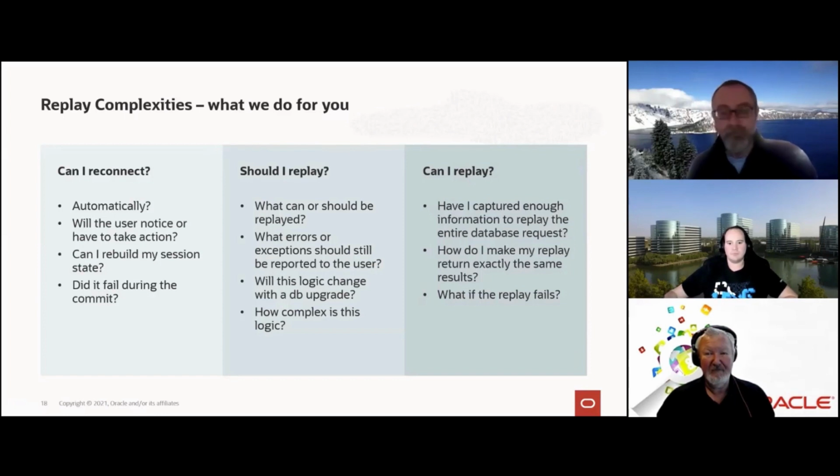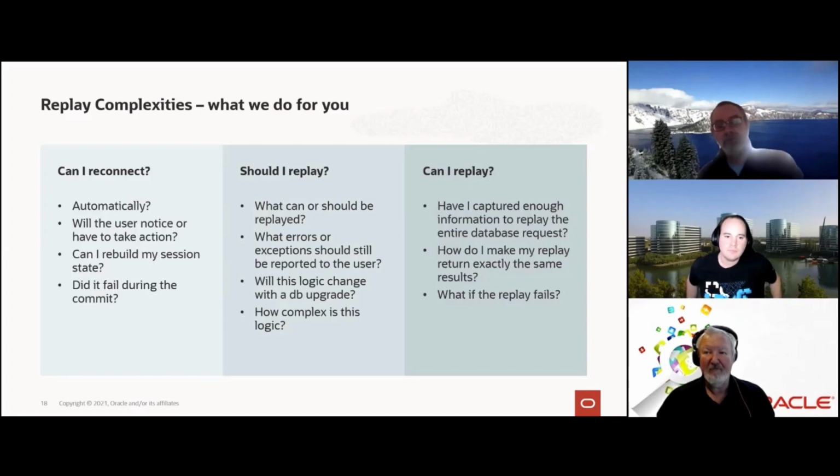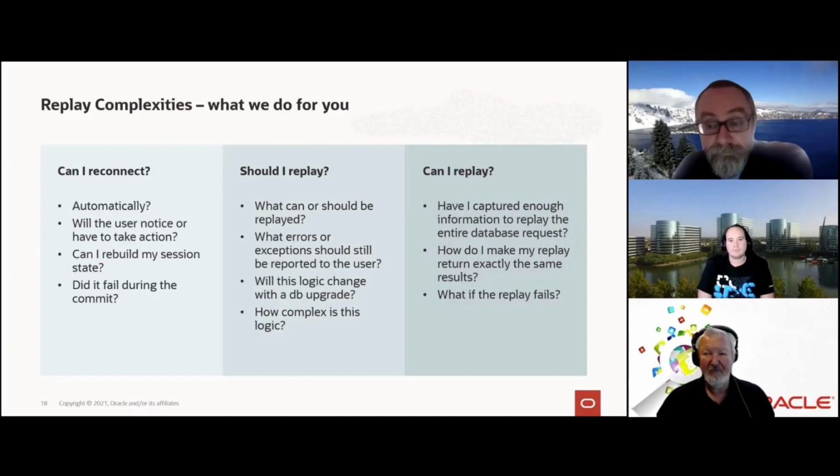You see the benefits of application continuity as protecting your users or their workflows during various events. But if you're an application developer, do you think you should be building some of this yourself for OLTP or not? Why not rely on the database to do it for you?